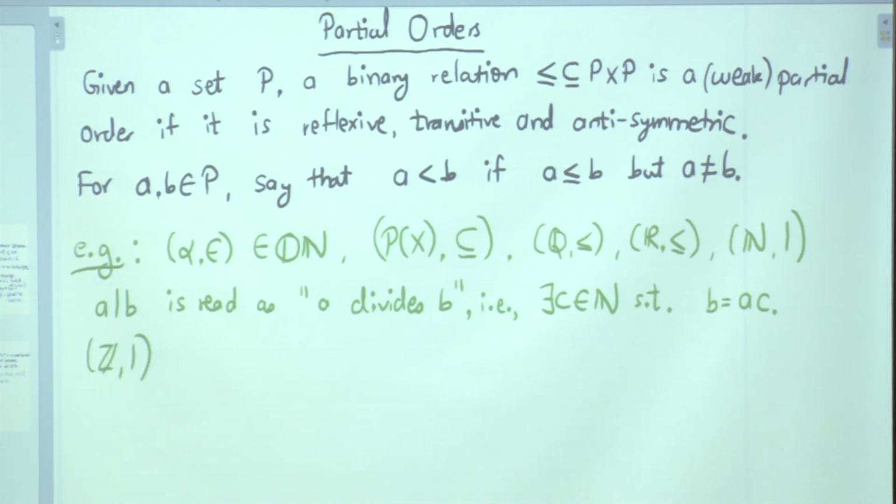Now what about Z with divides? Is this a partial order? No, you can have associates. Why no? Like minus 2 and 2. Minus 2 divides 2, and 2 divides minus 2, but minus 2 and 2 are not equal. So this is not antisymmetric.